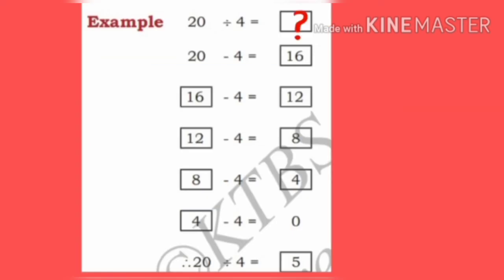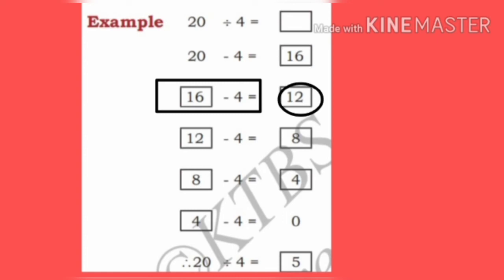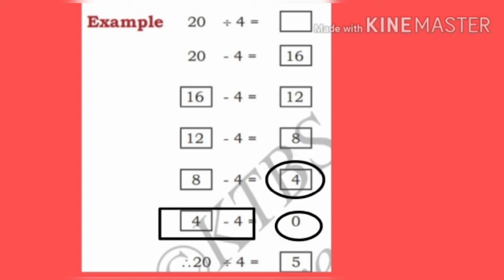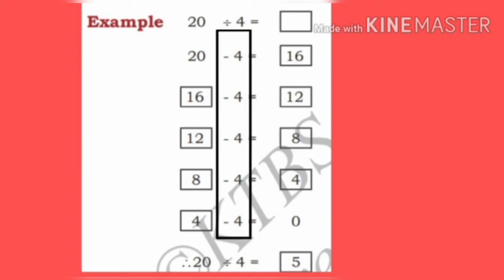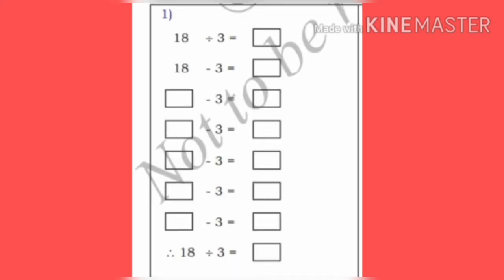Here we find the quotient. 20 minus 4 is equal to 16. 16 minus 4 is equal to 12. 12 minus 4 is equal to 8. 8 minus 4 is equal to 4. 4 minus 4 is equal to 0. So 20 divides 5 times into groups of 4. Therefore 20 divided by 4 is equal to 5.